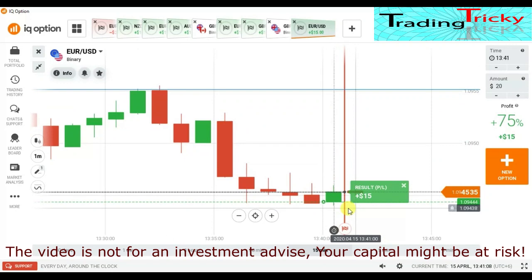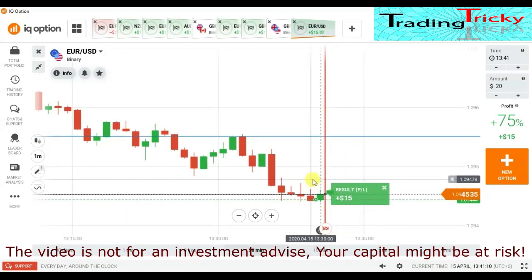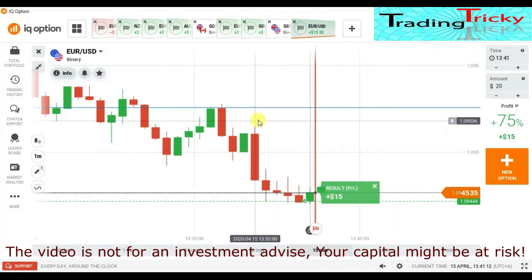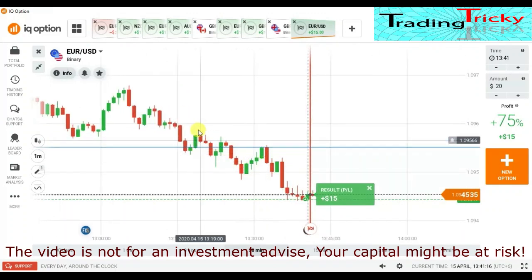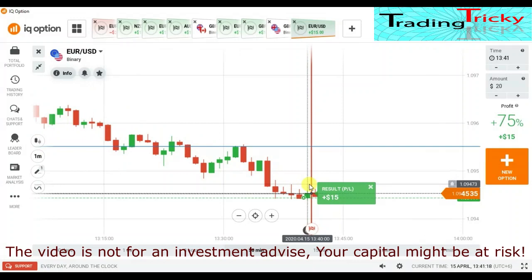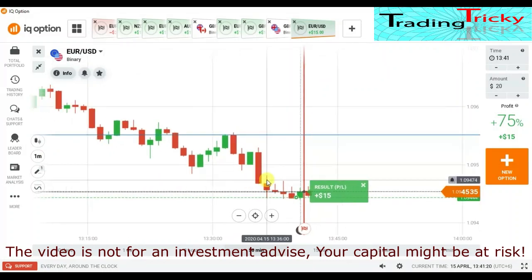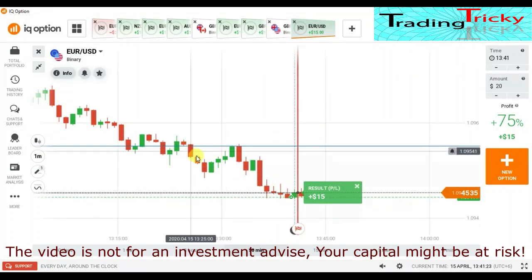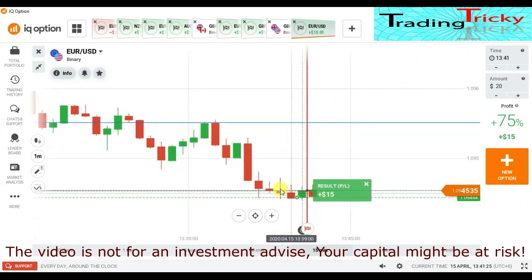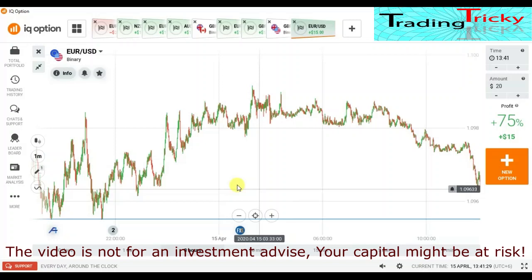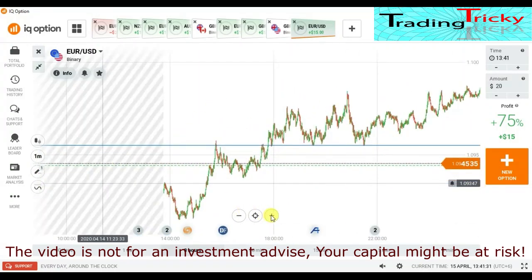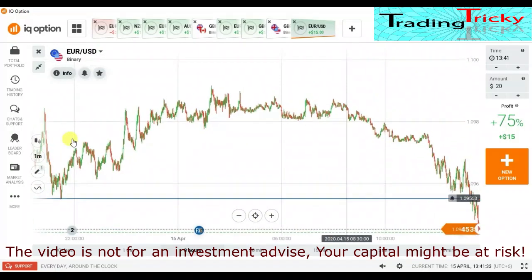So the main thing is, if you observe this market, though the trend is a downtrend, some buyers enter at every step. Here there is a strong sellers' entry, but in this area the sellers are getting weaker, because this is a buyer's area.